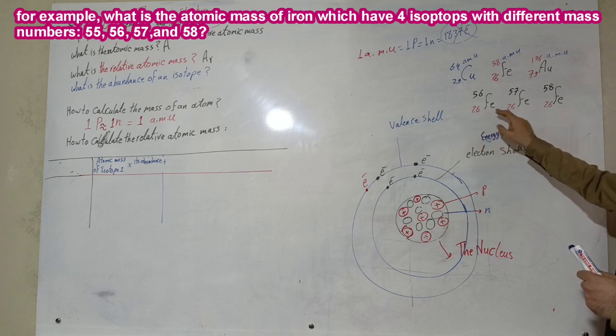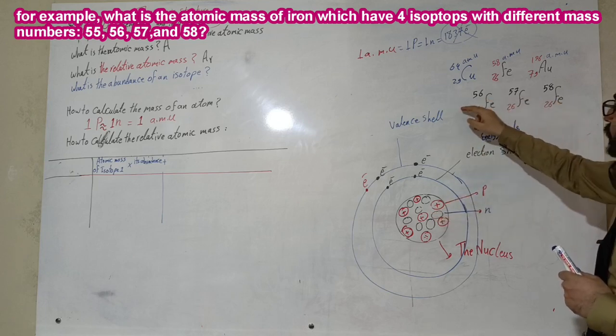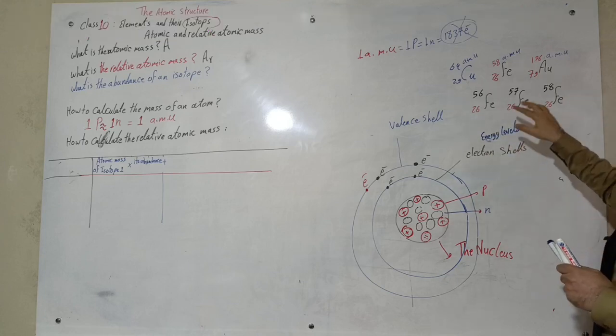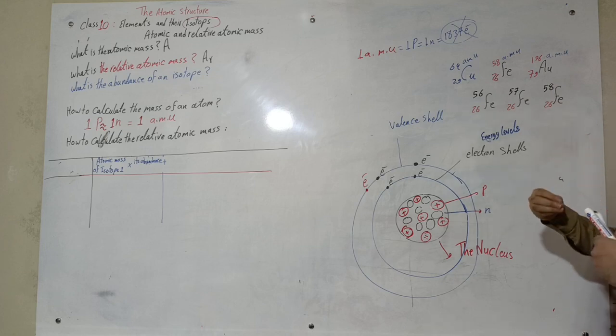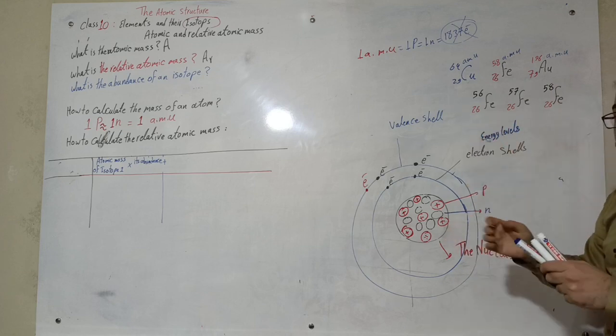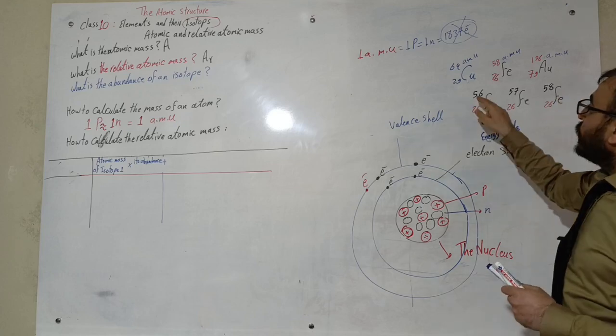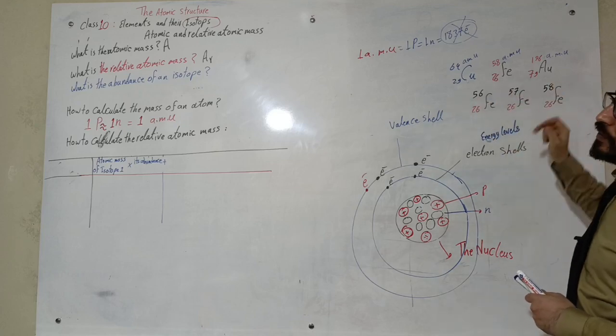Each one of them has 26 protons inside its nucleus, so they all belong to the same element. Now, if I want to talk about the mass of iron in general, which one shall I use? Shall I use 56, 57, or 58?